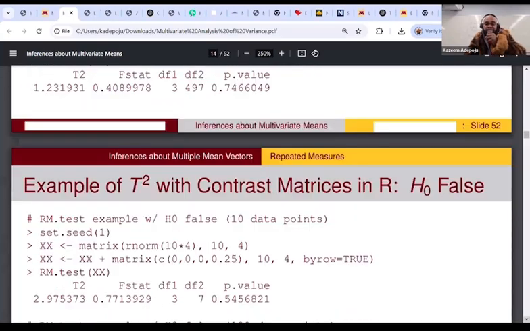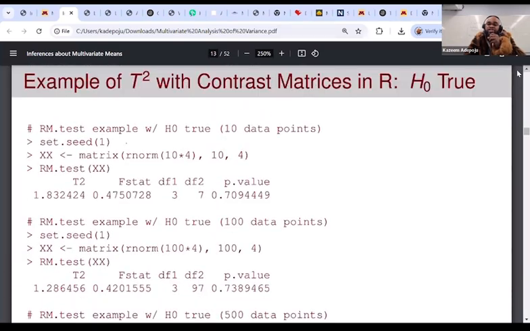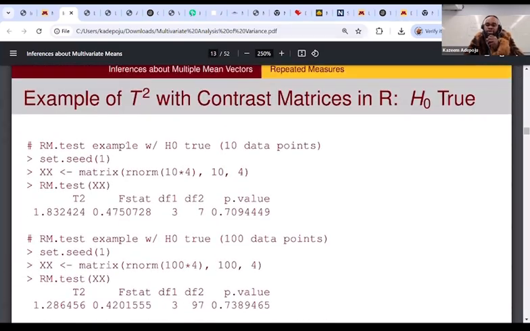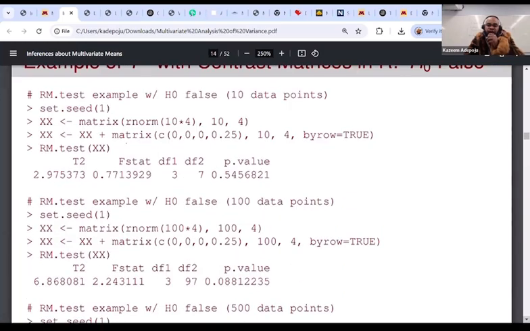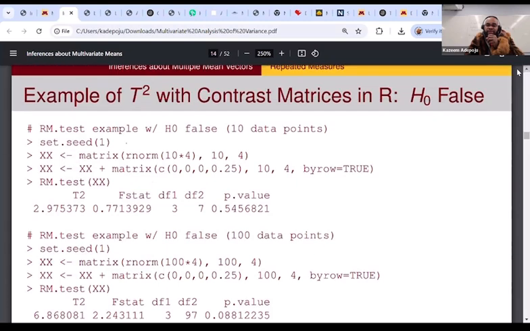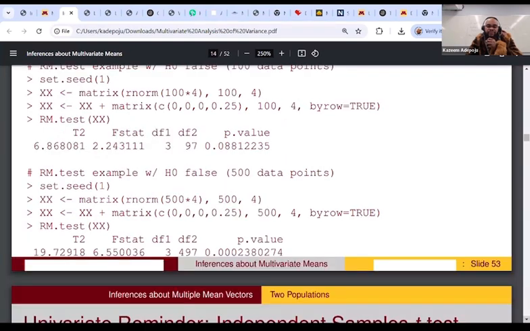So that generates a p-value. I did one for when H naught is true and for when H naught is false. I repeated that for both 10 data points, 100 data points, and 500 data points. Take a look at that.